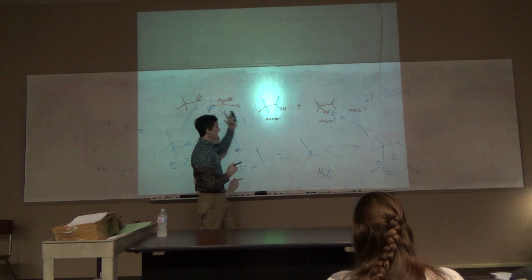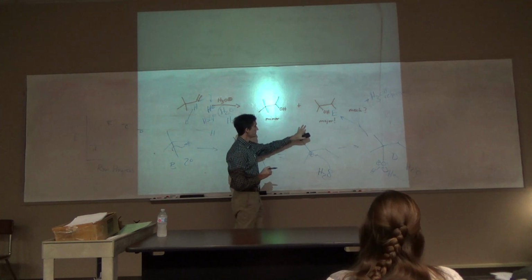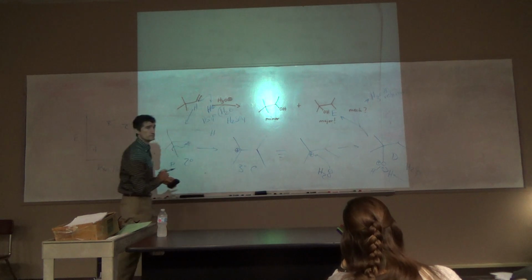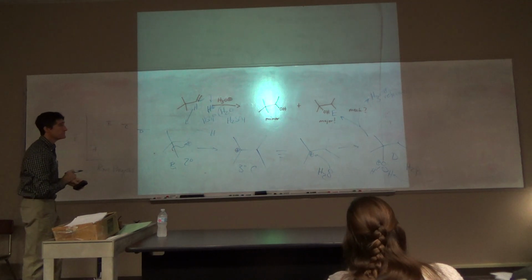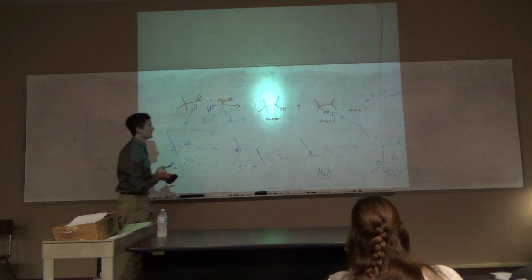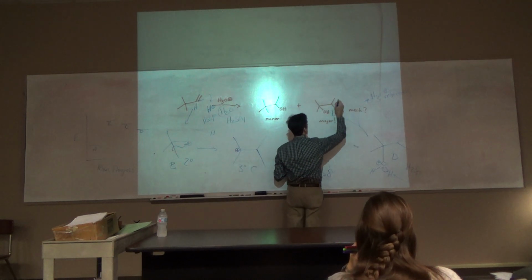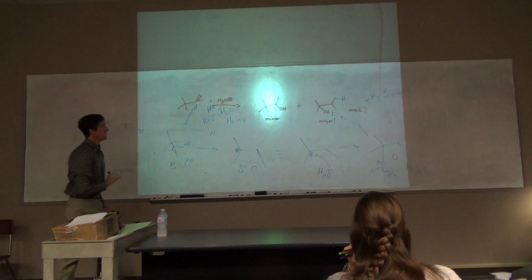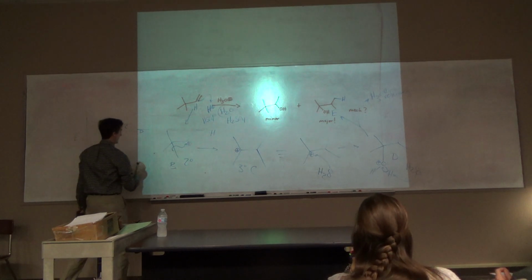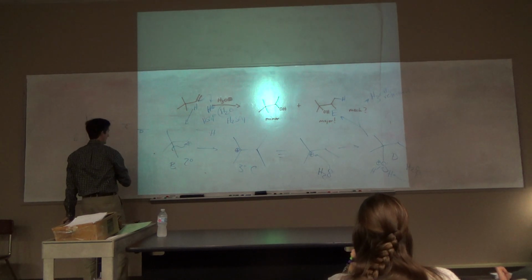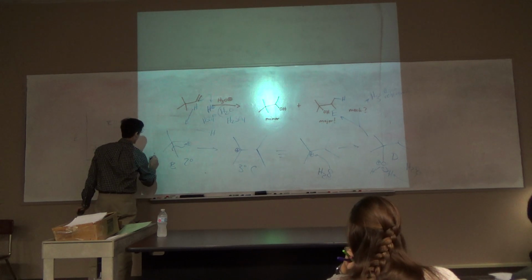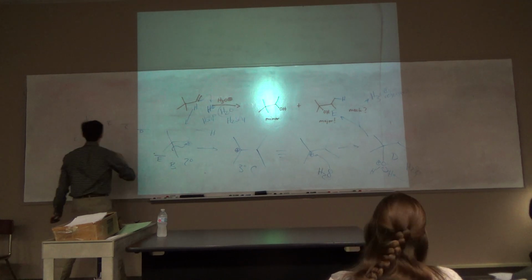We broke a pi bond and we formed 2 sigma bonds. We formed a carbon-oxygen bond, and we also formed a CH bond up there. Those are the 2 new bonds, right? Sigma bonds are stronger than pi bonds. So E is going to be down here.